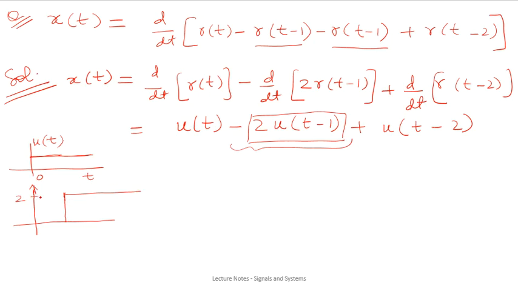Then the final signal, which is u(t−2), will start from 2, while this one starts from 1 with amplitude 1. So you have to subtract the second signal from the first signal and then add the resultant to the third signal.